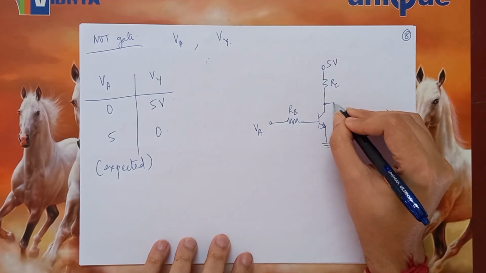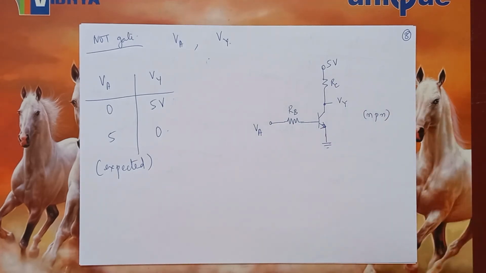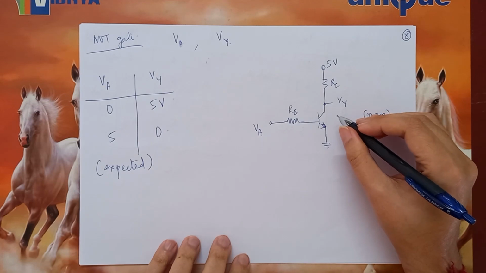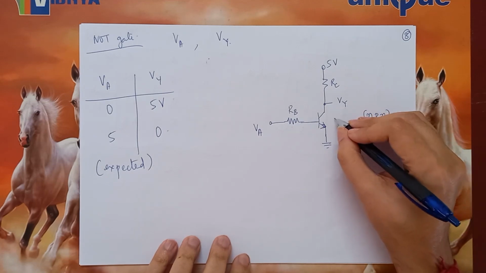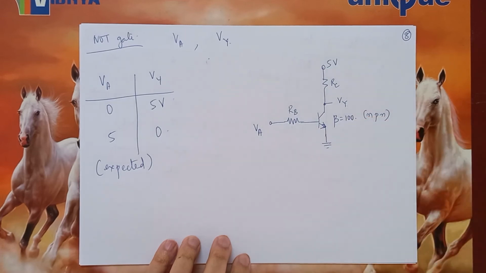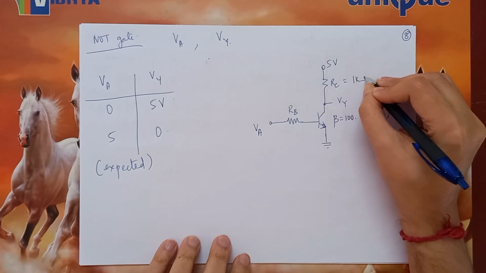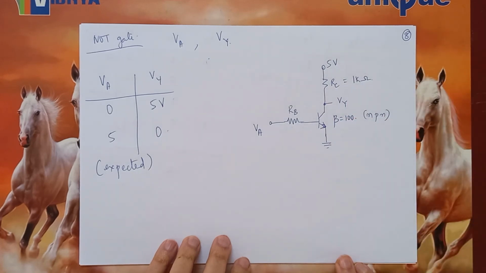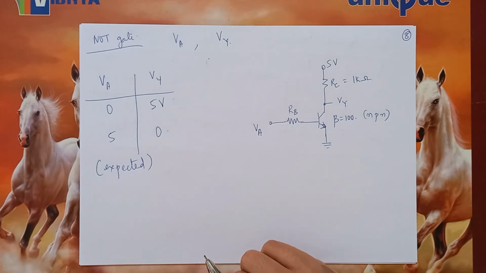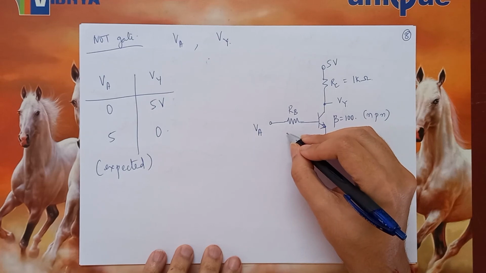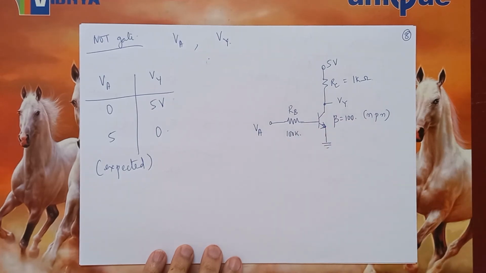And the collector is where I would measure the output VY. Let us say the transistor has a beta or a current gain of 100, the collector resistor RC is 1 kilo ohm, and RB would be somewhere about 100 kilo ohms. I want to now see what the input and output relation will be.